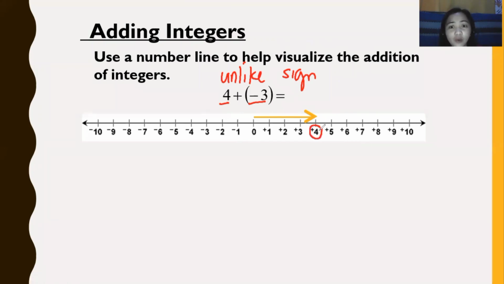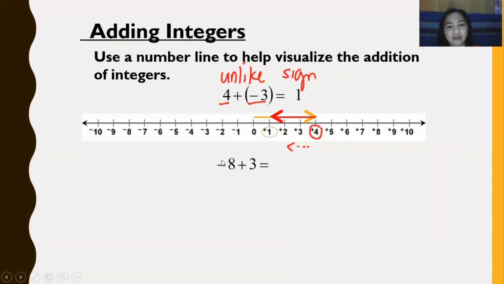From here, we are going to count 3 units to the left. 1, 2, 3. So tumapat siya sa positive 1. Therefore, positive 4 plus negative 3, the answer is positive 1.